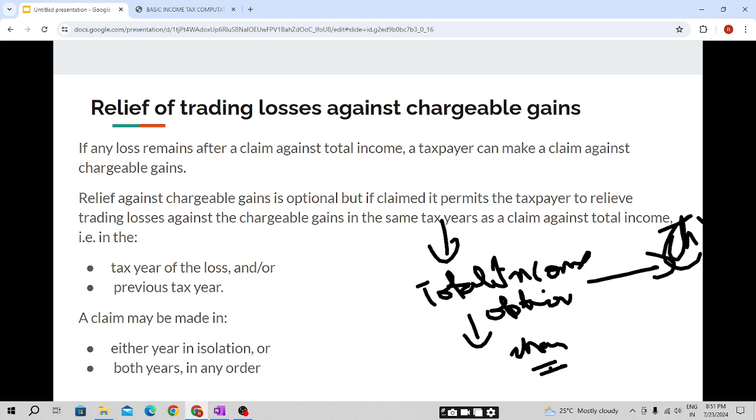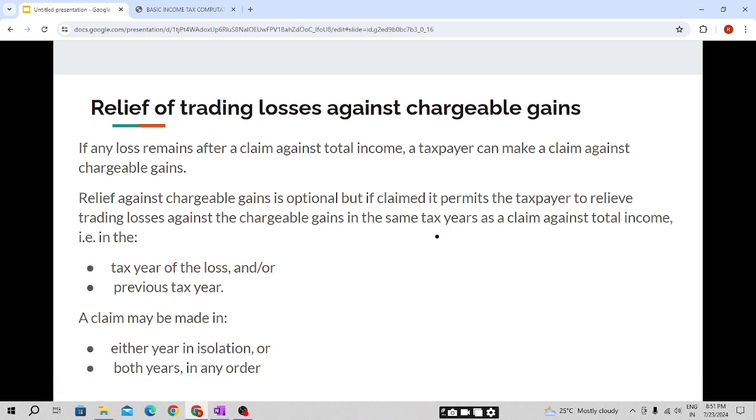If we choose the option, then it will be set off against the chargeable gains. And students, as we have seen, the loss can be set off against the total income of the current year or previous year, and only after setting off against the total income can we claim against the chargeable gains. Only after claiming against the total income can we claim it.